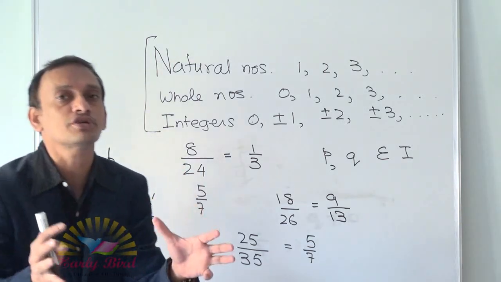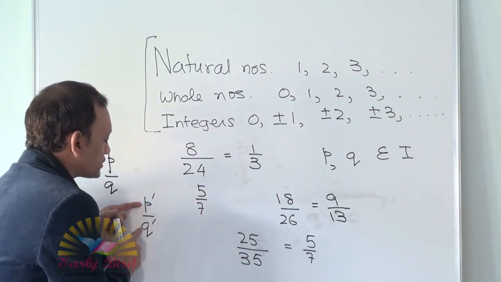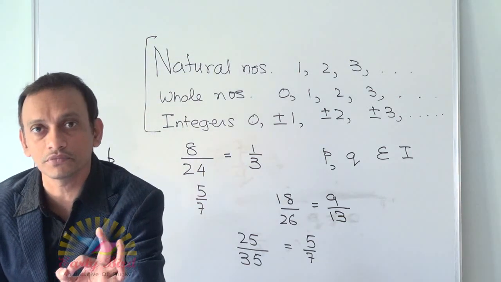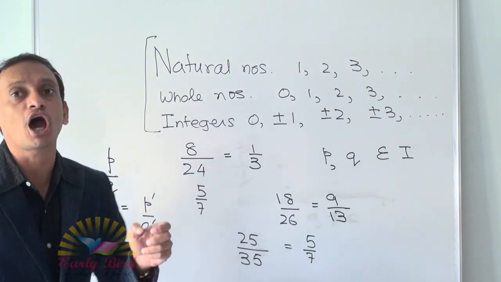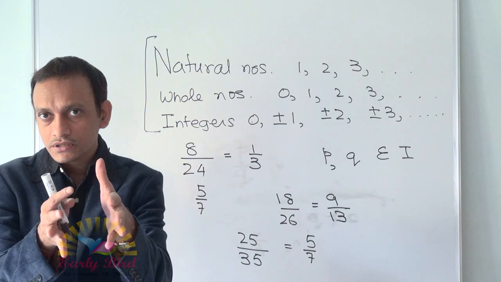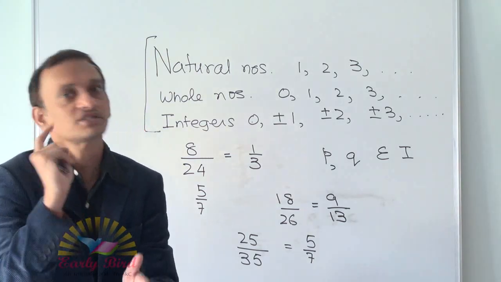When you reduce a rational number to such a form, we say that the numerator and denominator are co-prime. What are co-prime numbers? Co-prime numbers are numbers that have only 1 as the common factor.